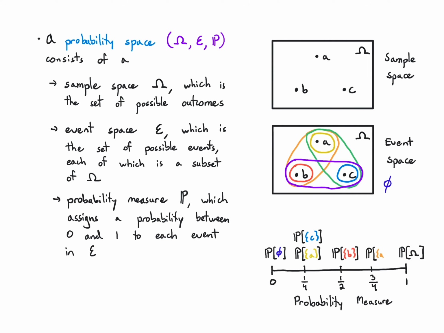And the probability of A and B is going to, due to countable additivity, be the sum of 1/4 and 1/2, so it has to be 3/4. The probability of A and C is the sum of the probabilities of A and C, so it has to be 1/2. And the probability of B and C is going to be the probability of B plus the probability of C, so 1/4 plus 1/2, so it's 3/4. That's my probability measure, and that's the whole probability space.